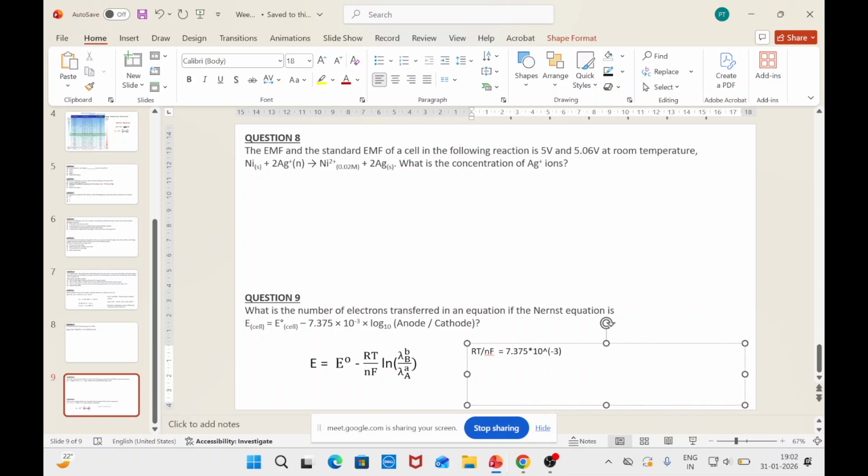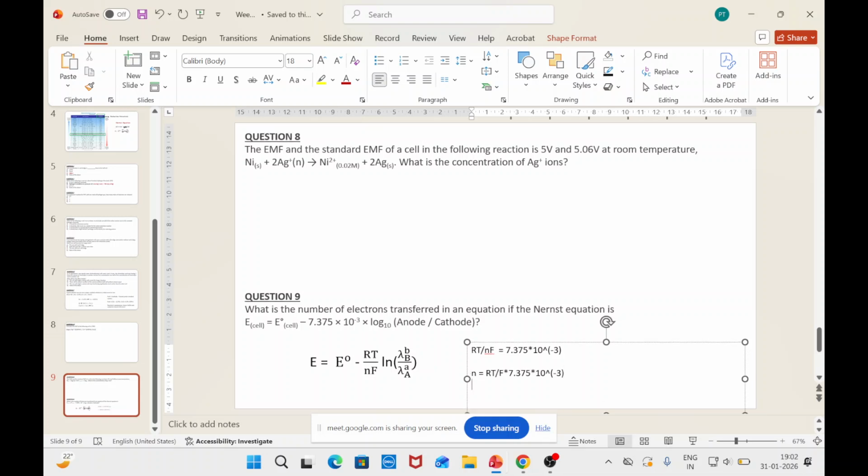We are supposed to calculate the value of n. So that will be nothing but RT by F divided by 7.375 times 10 to the power minus 3.